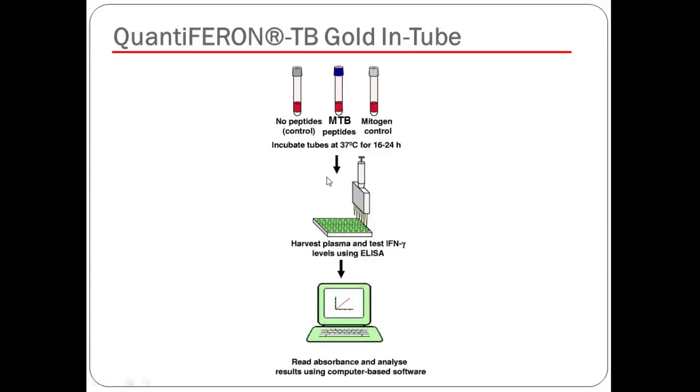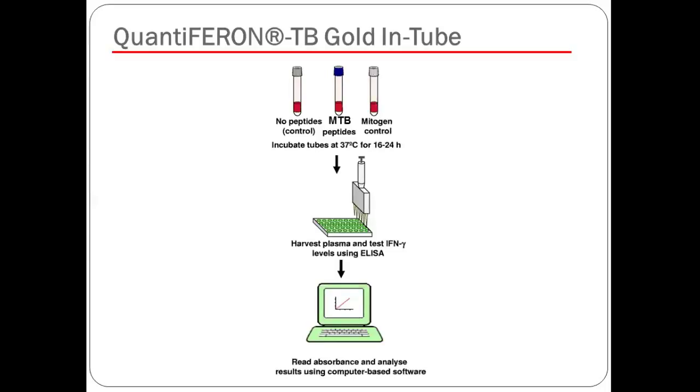If there is a positive reaction, the lymphocytes of the patient are going to produce interferon, and the interferon is what is going to be measured by the ELISA machine. So if there is interferon production when the lymphocytes of the patient are exposed to MTB peptides, then you have a positive Quantiferon. And that's why when the CD4 count is low, the test may be falsely negative.